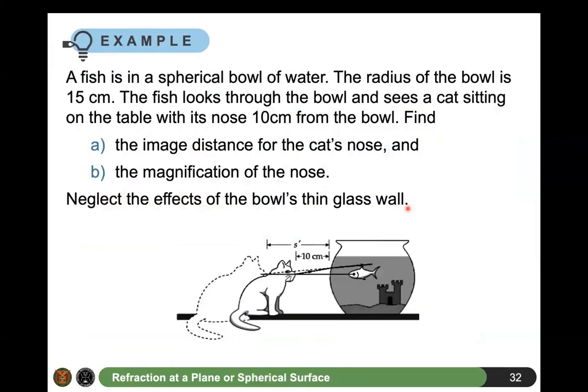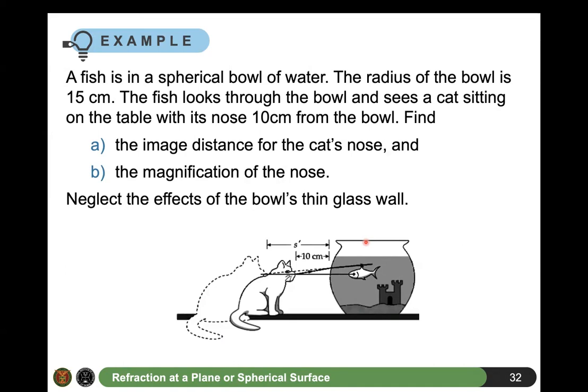For example, a fish is in a spherical bowl of water. The radius of the bowl is 15 cm, and the fish looks through the bowl and sees a cat sitting on the table with its nose 10 centimeters from the bowl. Find the image distance and the magnification of the cat's nose. Okay? So ngayon, we need some leading comprehension. Saan yung object? Saan yung image?